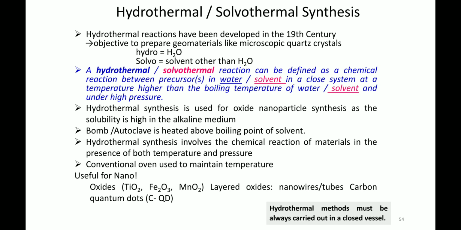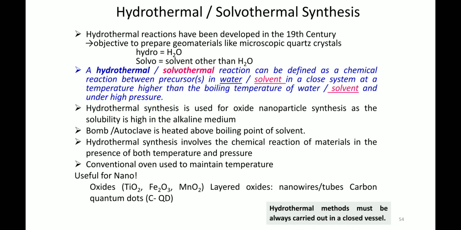So hydrothermal synthesis involves the chemical reaction of materials in the presence of both temperature and pressure, because we are using a bomb or autoclave. There is some solvent which is used to dissolve the precursor. Then that kind of system is kept in a furnace where we are increasing the temperature, and you will realize that the temperature and pressure both are responsible to initiate the chemical reactions between the precursors.